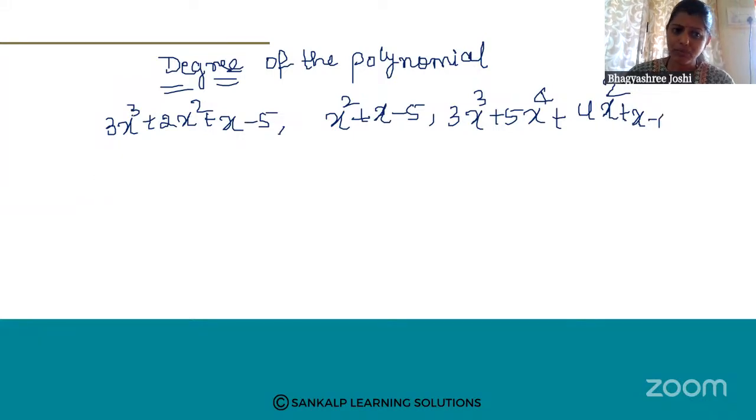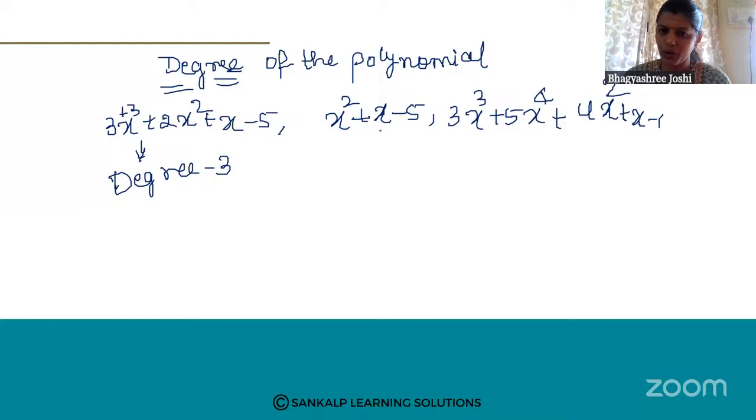Here, the highest power of the variable is what? What is the highest power of this expression? Here plus 3 is there, 2 is there, 1 is there. That means the highest power is 3 here. That means the degree of this polynomial is 3. Yes or no? Degree is 3.